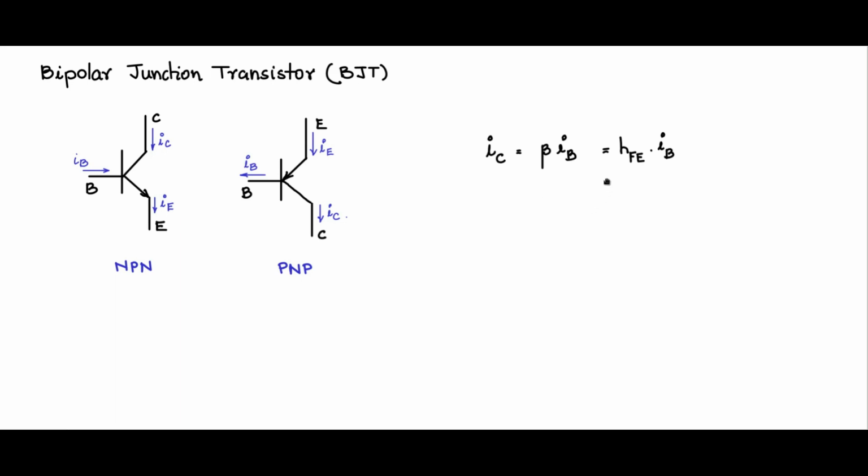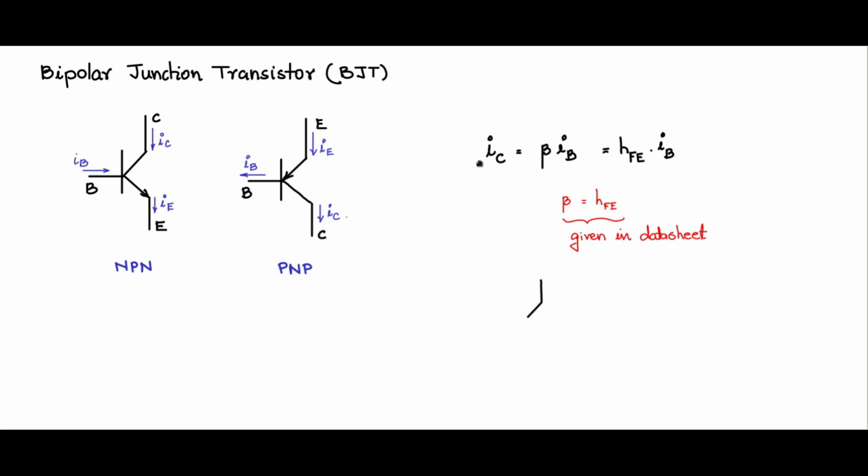Beta and HFE are both the same, and you should be aware that beta and HFE can be used interchangeably in the data sheets. In some data sheets the term beta is used, in some other data sheets the H parameter symbol HFE is used. Both mean the same.